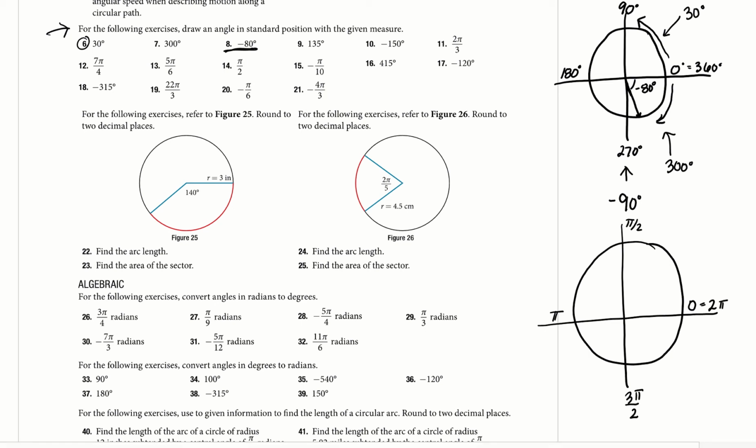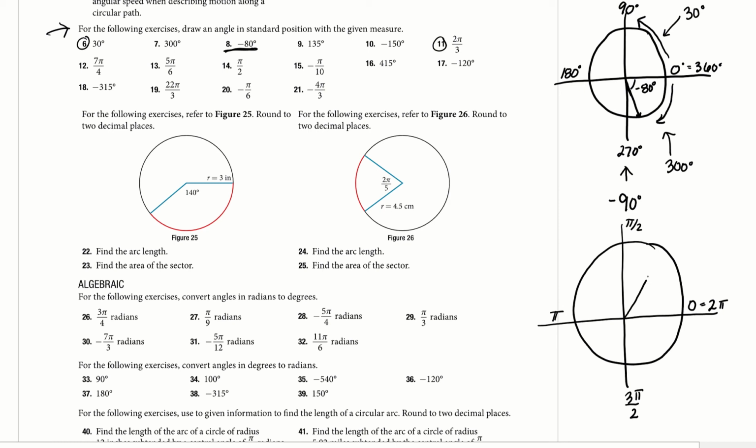So if we were looking at 2 pi over 3, so if I wanted to break these up, and again, you have all of the angles given in the previous video. So pi over 3 means that there are 3 of them per every half circle.